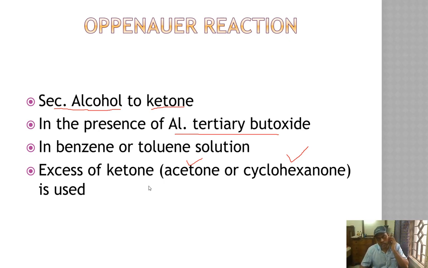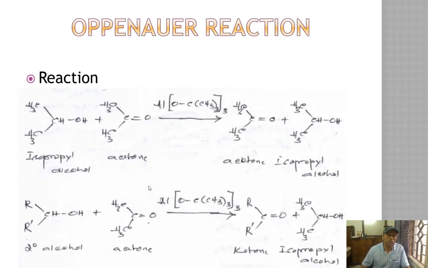Now let's see the chemical formula wise, what this reaction is. Now, it says it is the conversion of secondary alcohol to the ketone. Right? Now, here is the isopropyl alcohol. Isopropyl alcohol is a secondary alcohol. Here is one primary group attached to the carbon atom that is attached to the alcohol.